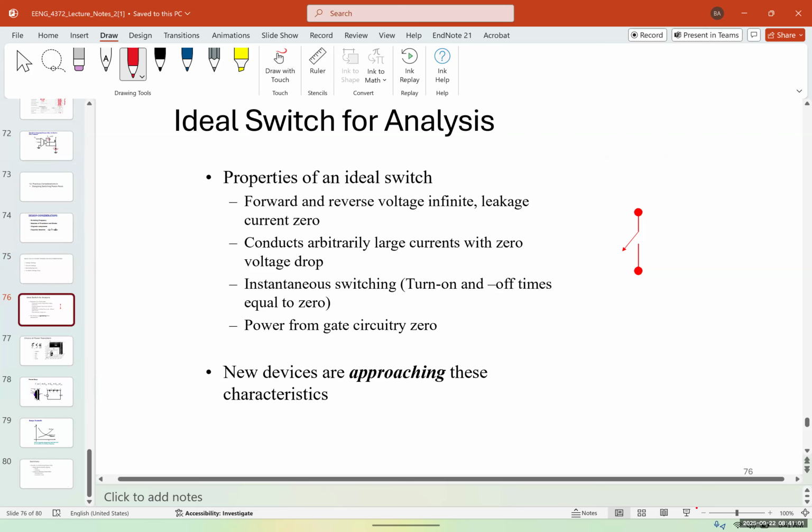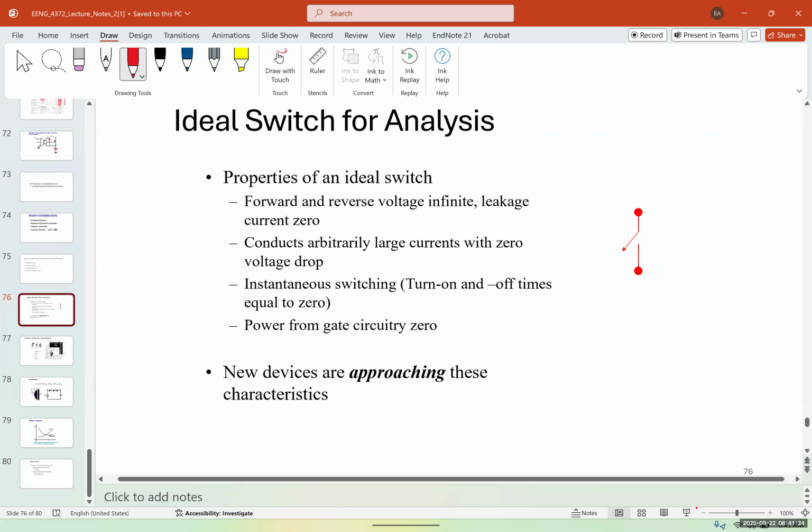So for ideal switch analysis, the properties of an ideal switch: the forward and reverse voltage are infinite, and the leakage current is 0. Therefore, we won't have any loss when it's turned on or turned off. It conducts arbitrarily large currents with 0 voltage drop.